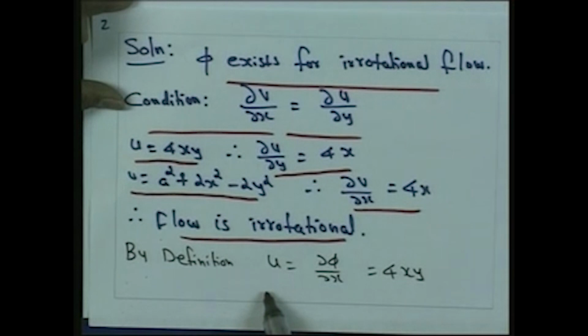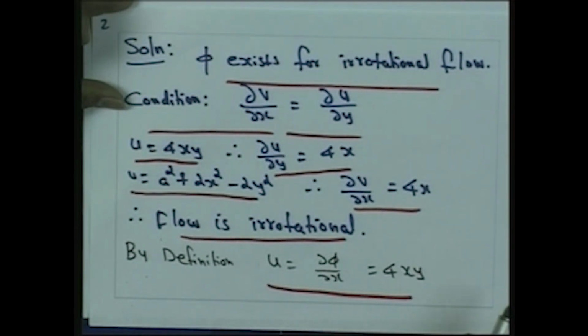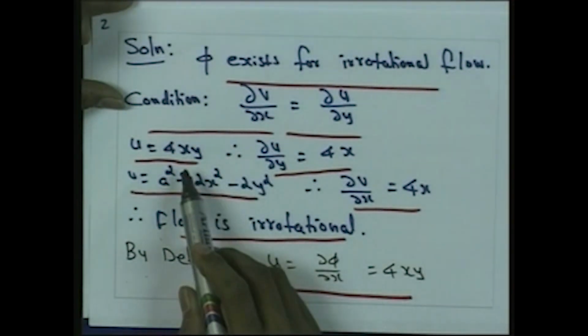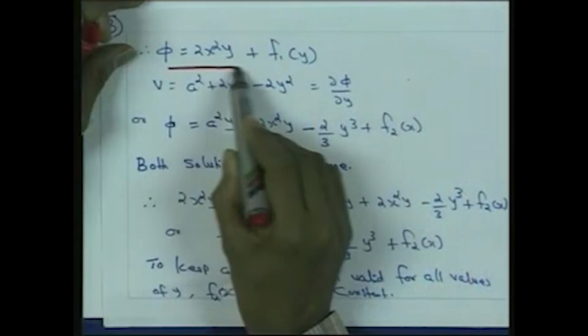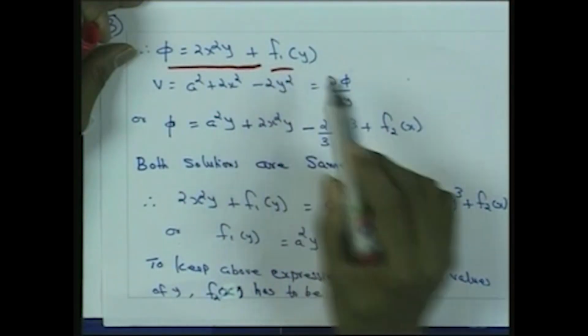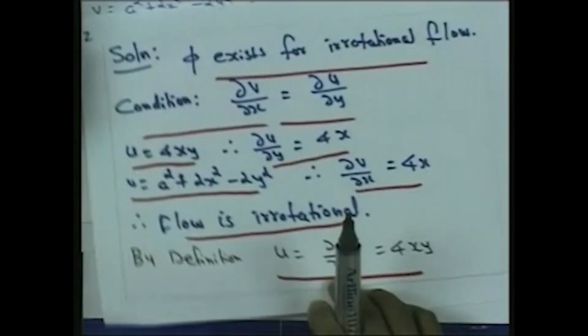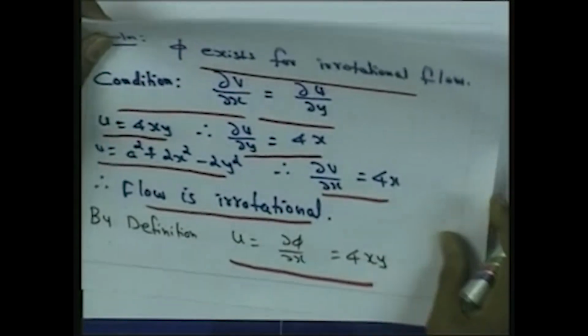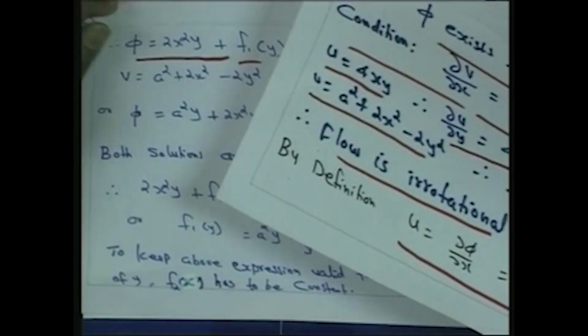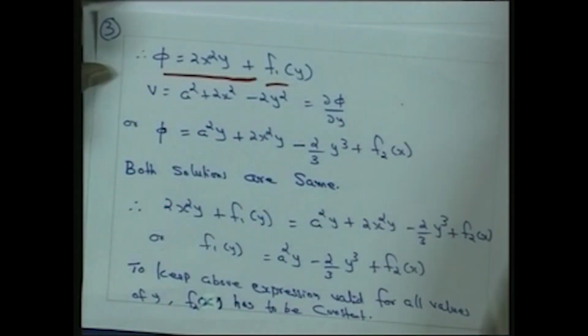By definition, u is defined as del phi by del x, and u is here given as 4xy. If we integrate this, we will get phi equal to 2x square y plus f1(y).